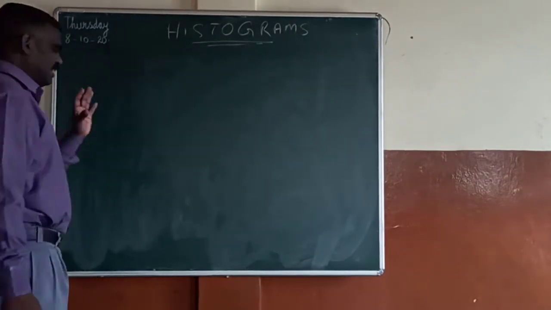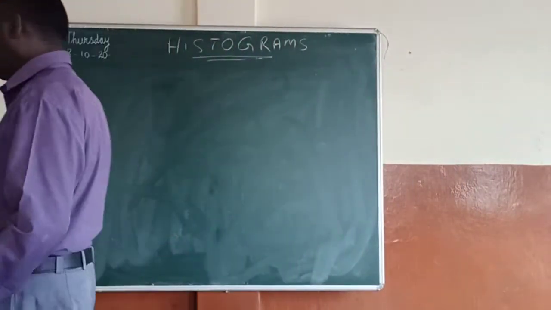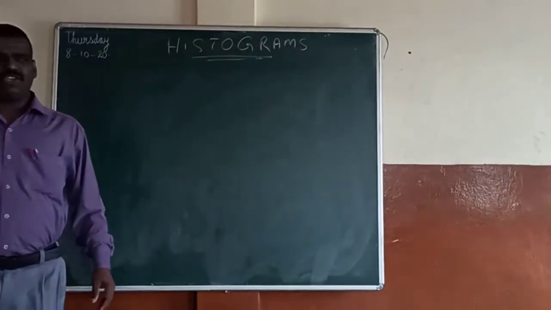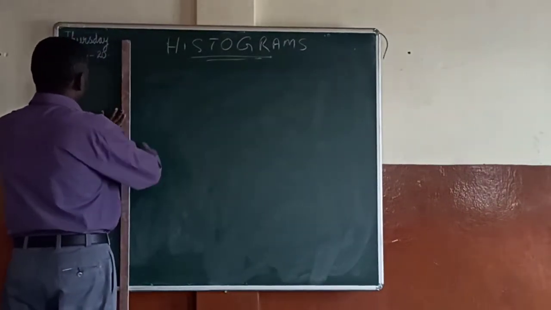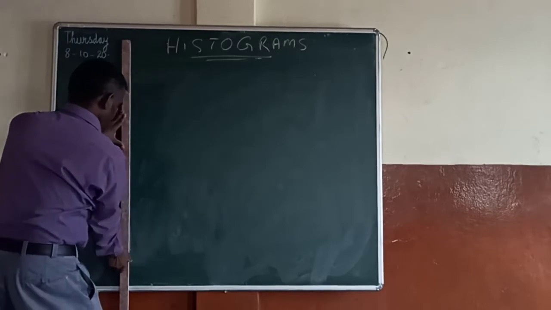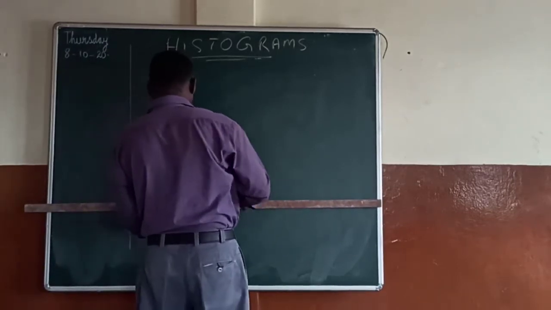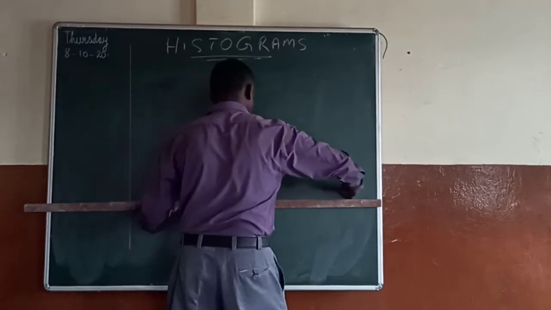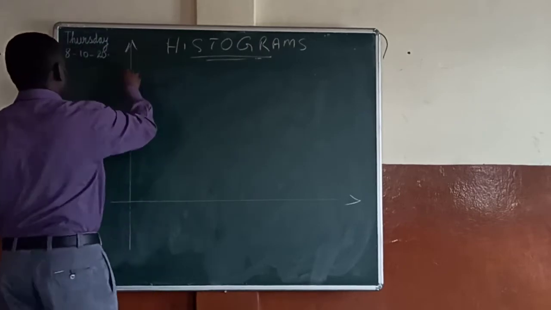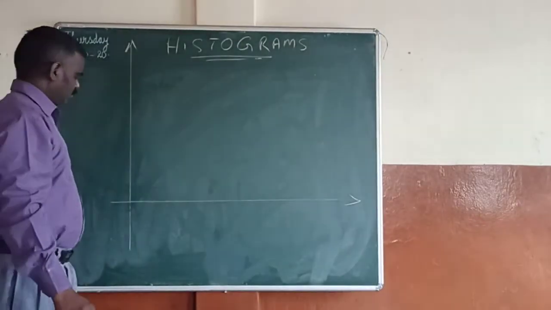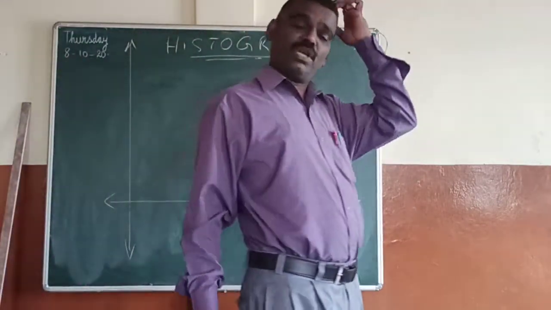Before going to histograms directly, let me explain about histograms and the bar graph also. See, when you go to the bar graph or histogram, there will be two axes, namely x axis and y axis.